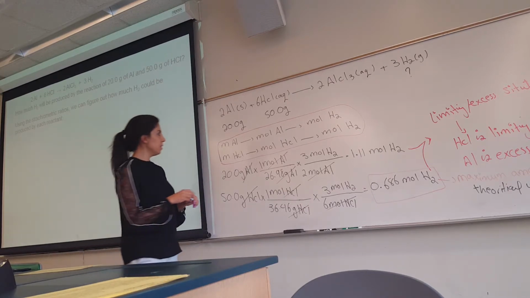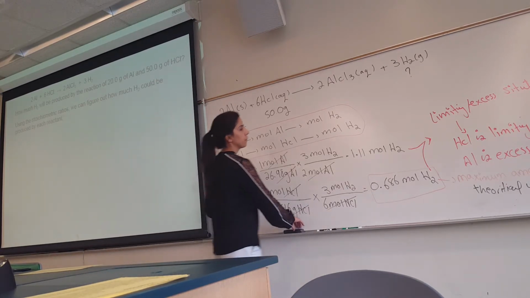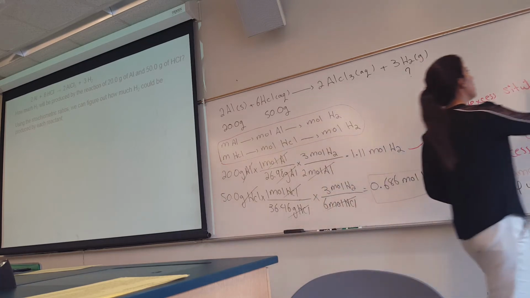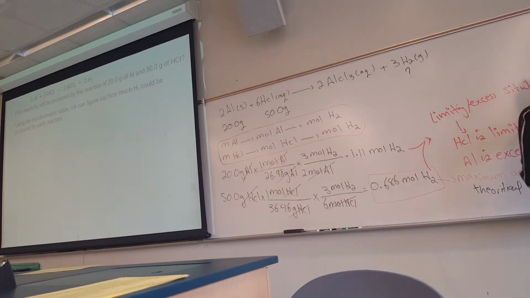So now, what does this mean? After doing all these calculations, what it means is that if I have a flask and I put 20 grams of aluminum in there and I add 50 grams of hydrochloric acid to this aluminum, these two are going to react with each other.